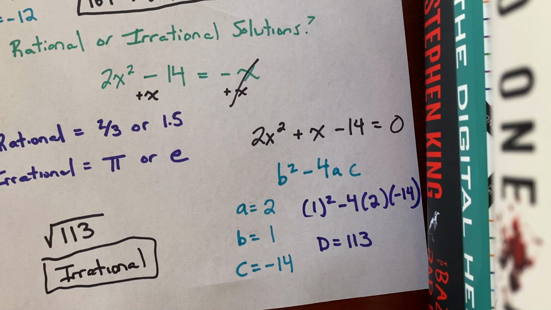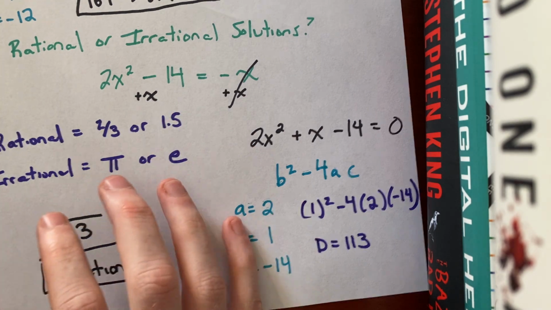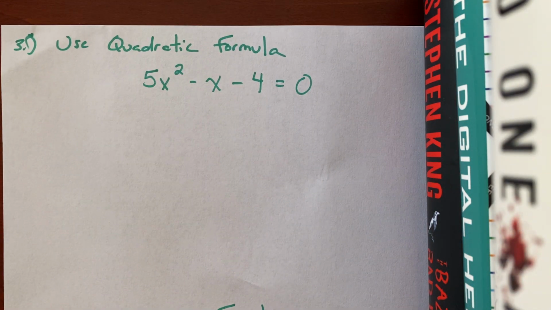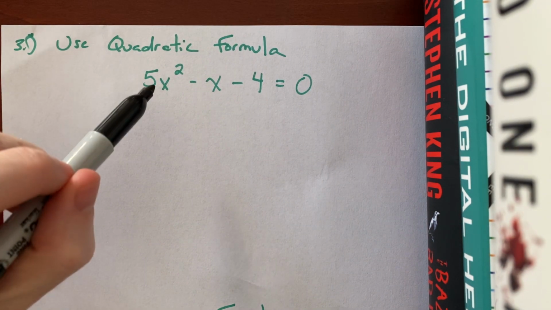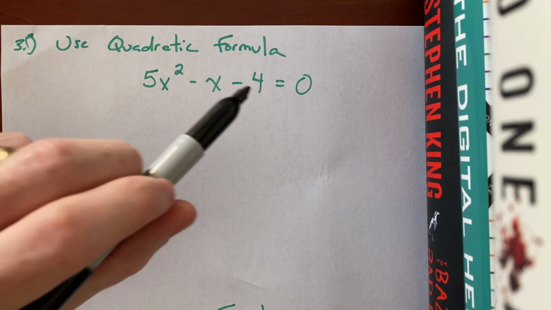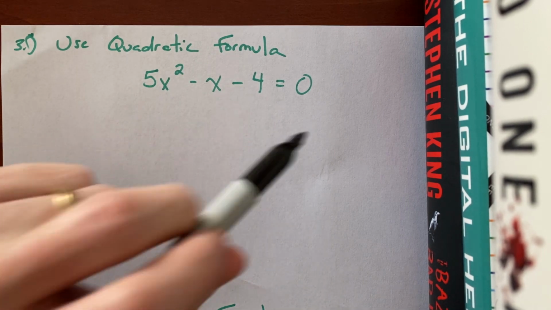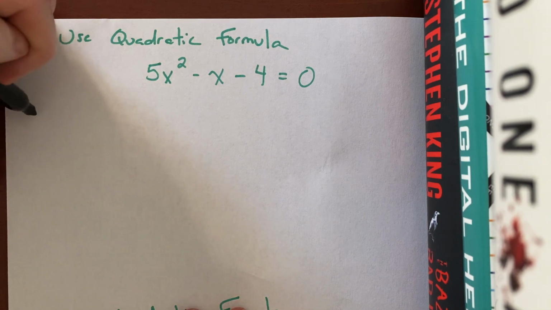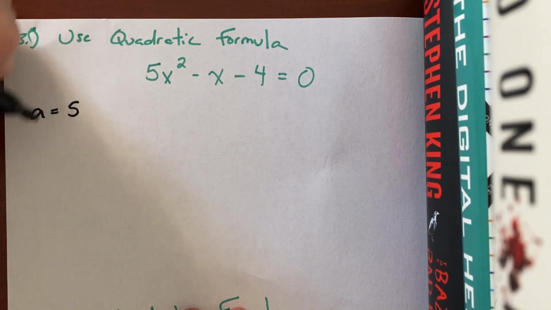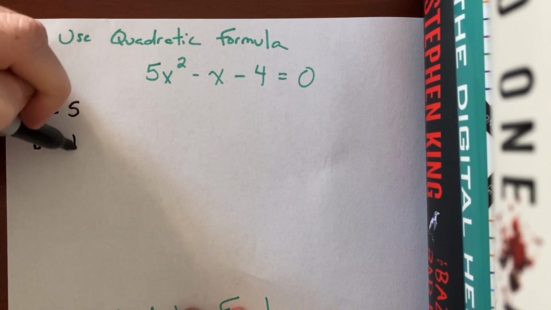Moving on to question number 3. Question 3 and 4, we are using the quadratic formula to find our x-intercepts. All right, so first question, are we in standard form? Ax squared, bx, c, all on the left-hand side, equal to 0, so I'm good. All right, first step, label. A is 5. B is a negative 1.